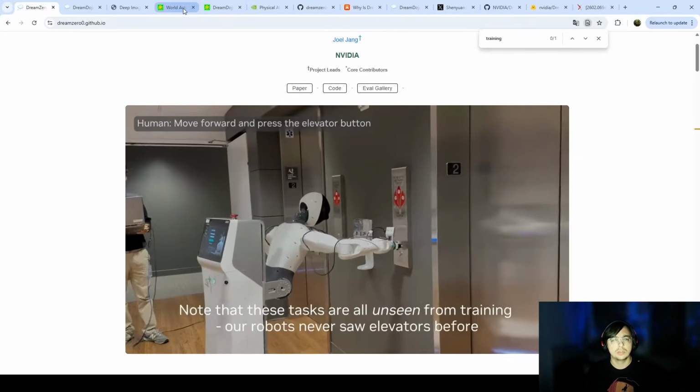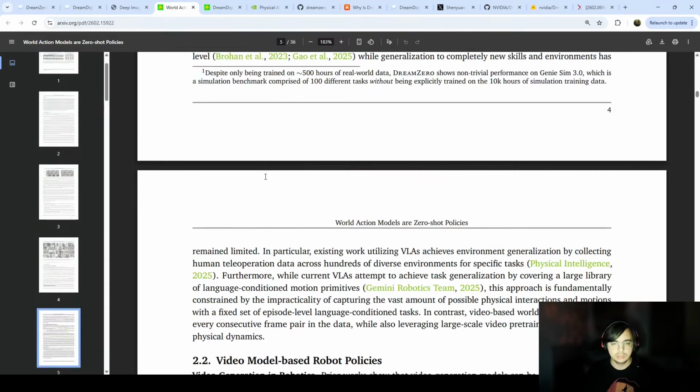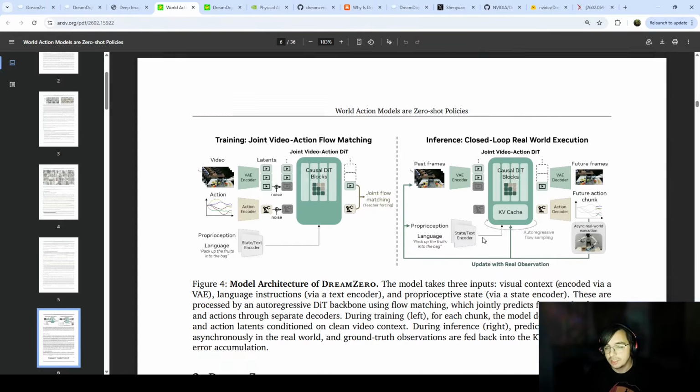Let's look at the architecture of this DreamZero model. And actually the architecture is pretty reasonable. Here it's like this video action generation, which probably is this DreamDojo. Also we have an encoded language model here. And during inference, we generate future frames from all this world knowledge about our videos, our state, our command. This model is pretty big, but it should be pretty fast because it's optimized for action generation.